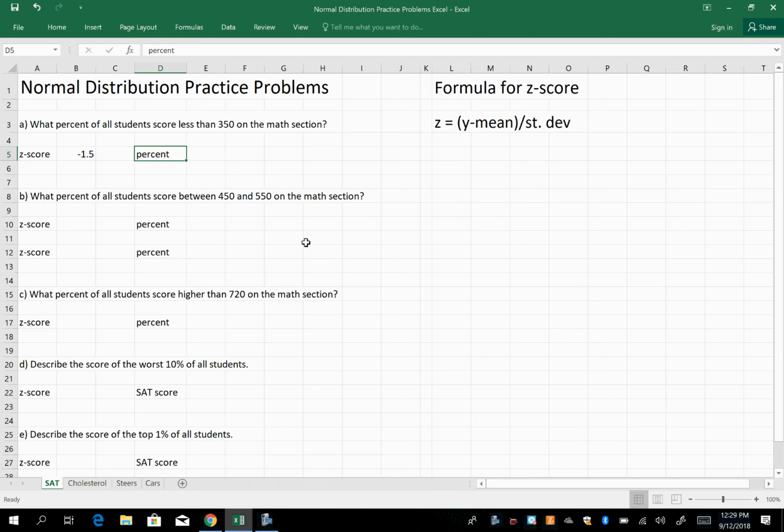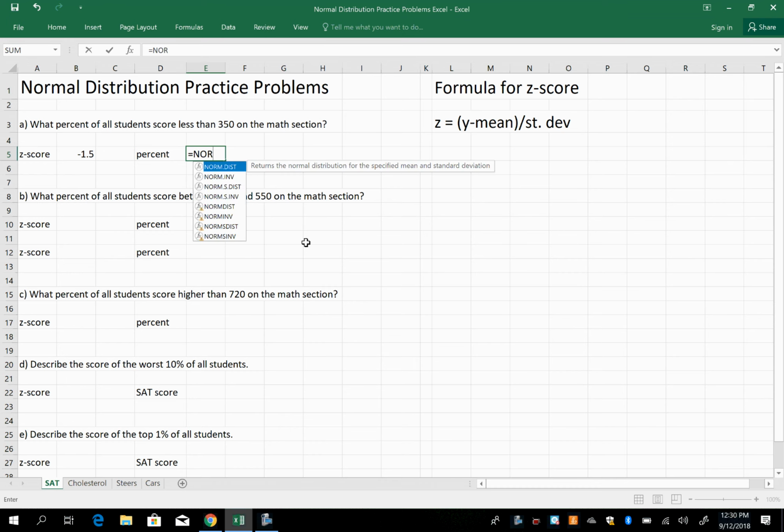Now the calculator, and by calculator I mean Excel's calculator, can find that percent for you exactly. All right, so here we go. Equals. I'm at cell E5, equals. I do all caps, N-O-R-M.